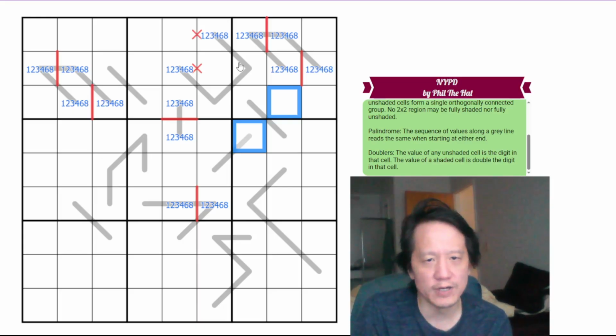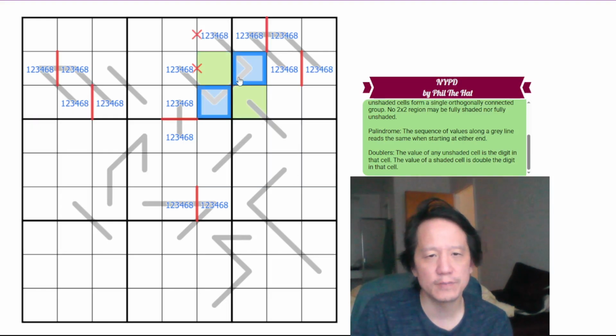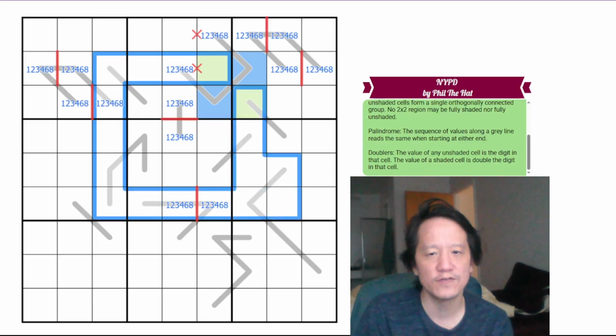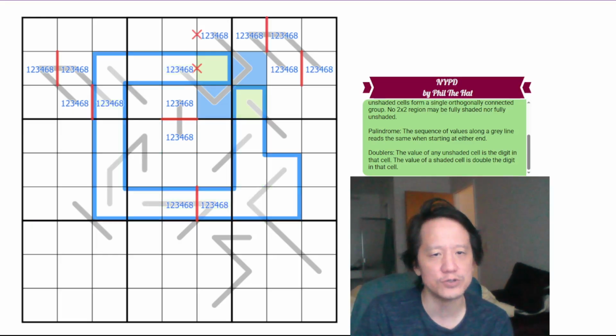Because otherwise, if they were both the same shading, it fails the yin yang because it's a 2x2 region that's all the same shading. If it's a different shading, the problem is how do you connect this green region orthogonally to itself as a single region without splitting up the blue region or going vice versa? And the answer is you can't.